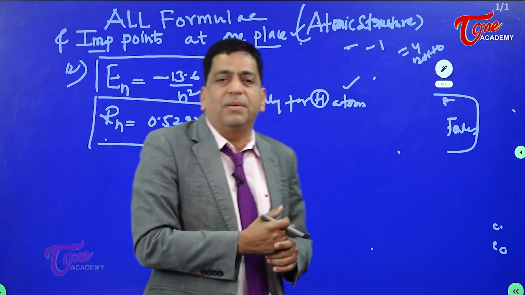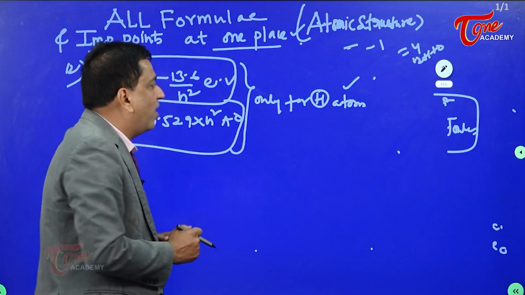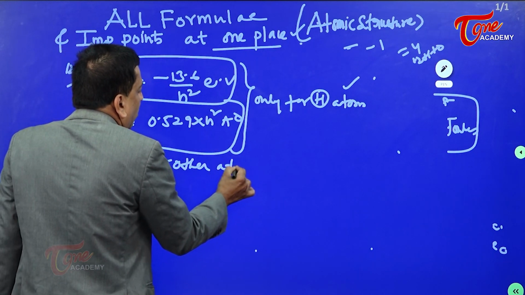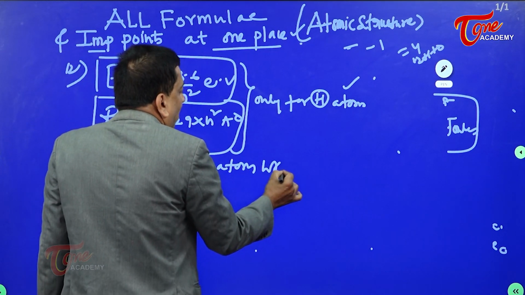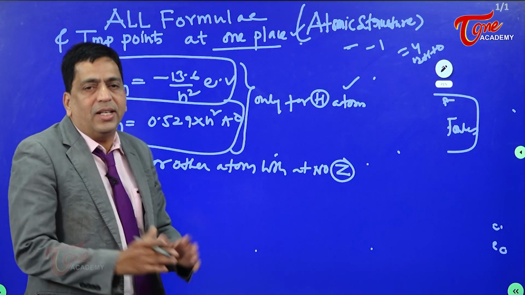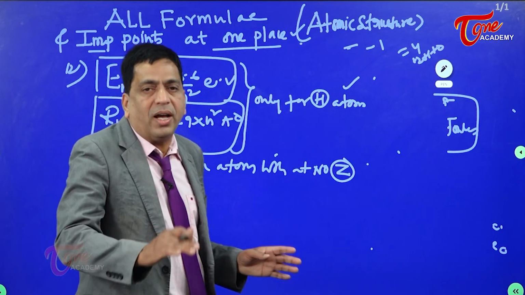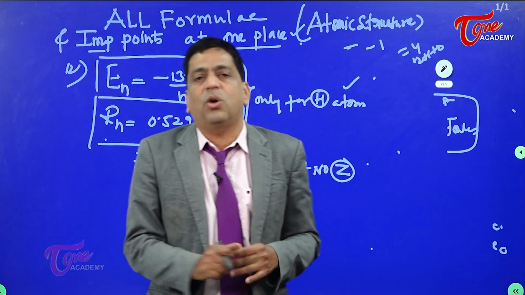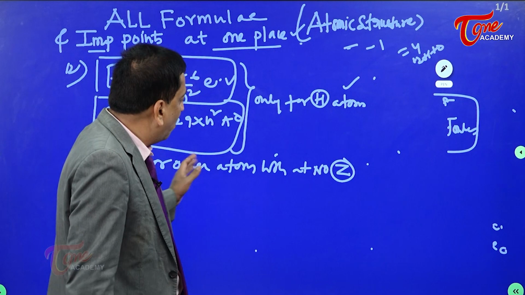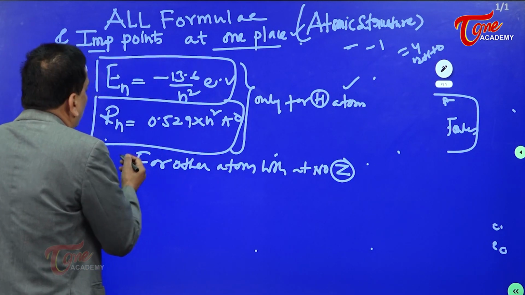If you want to extrapolate it for all other atoms with an atomic number Z, you can apply this formula with atomic number Z. This is only for the hydrogen atom which Bohr was proposing. If you want to apply it for other atoms with atomic number Z, but those are also single electron systems only, mind you that, but their atomic number remains Z, then you can use this radius equation.